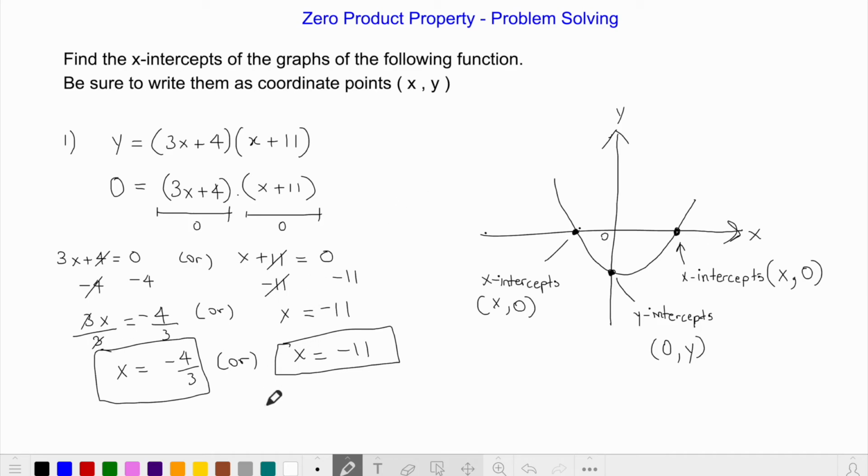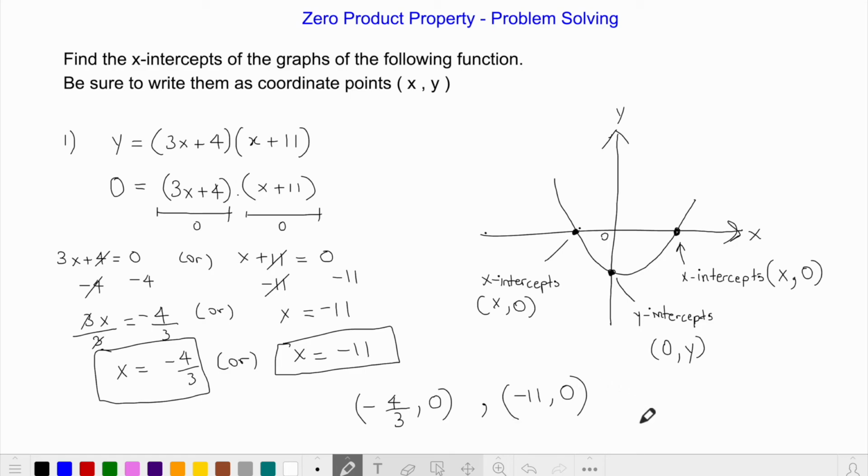Now we can write them as coordinate points. For x-intercepts, x has a value and the y value is 0. So these 2 points will be written as coordinate points. The first point is negative 4 by 3, 0, and the next point is negative 11, 0.